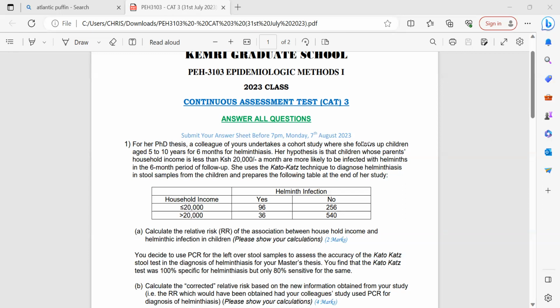Then you say 0.273 divided by 0.0625. So the answer is 4.368. So that is for number A. Anyone else who has got maybe a different answer? Good, we can proceed because of time. So that is the answer to number 1.